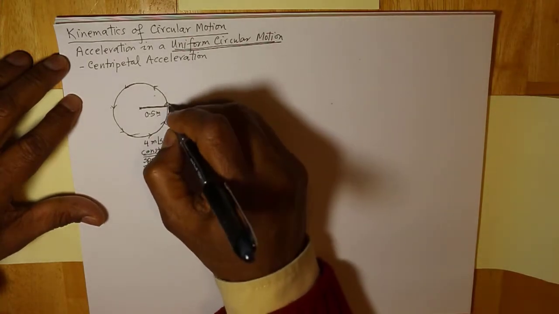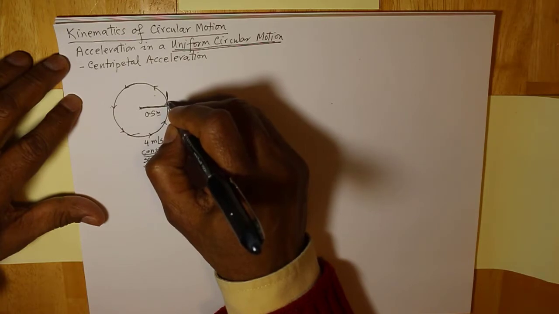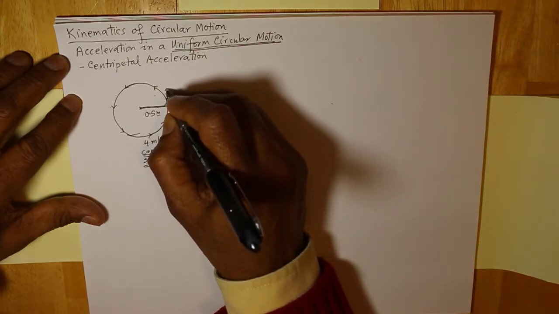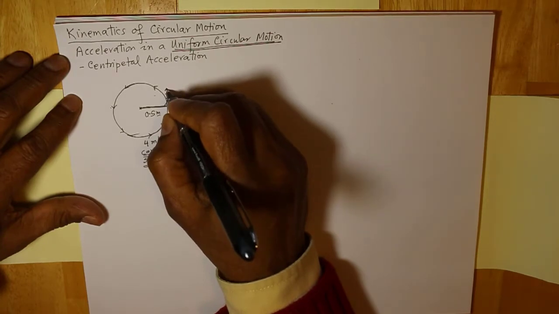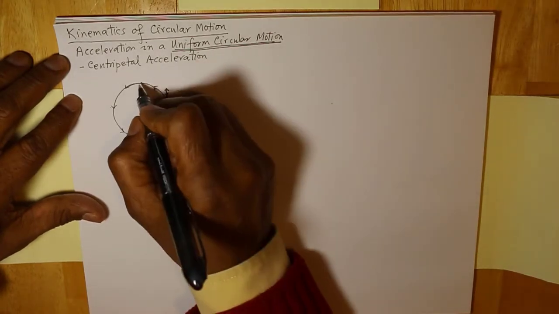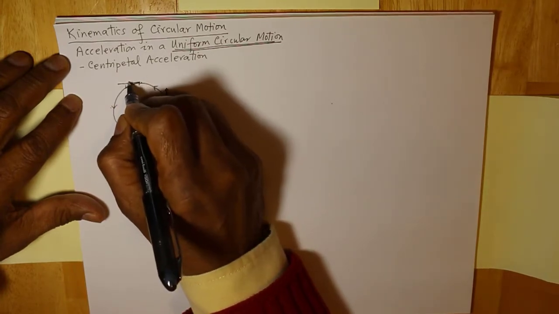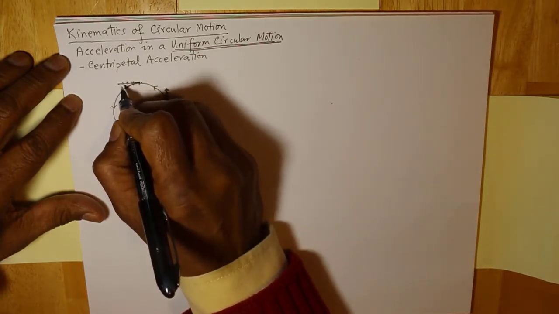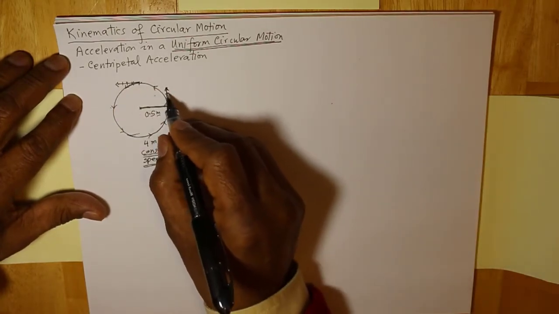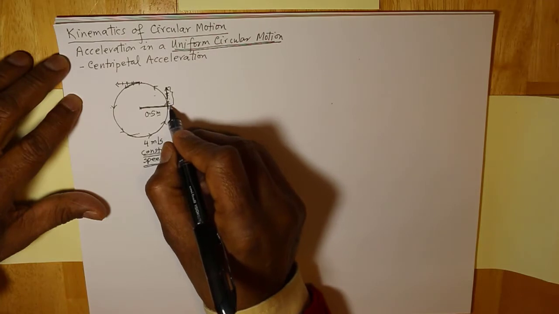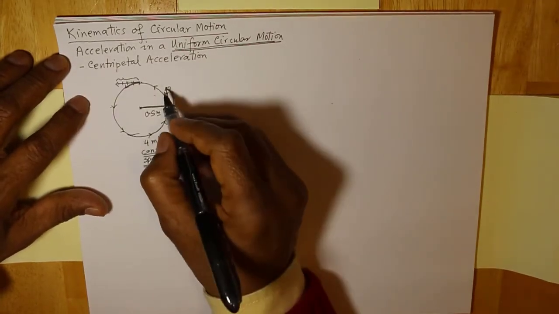So if I draw the velocity vector here, I will get the same size arrow. Remember that the size of these arrows represents the magnitude of the velocity vector.